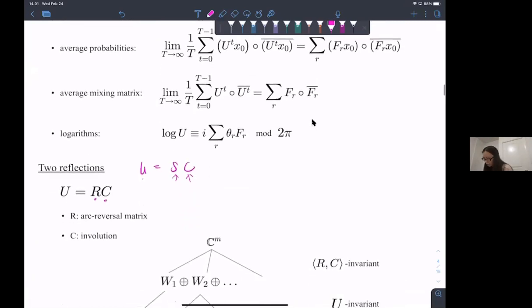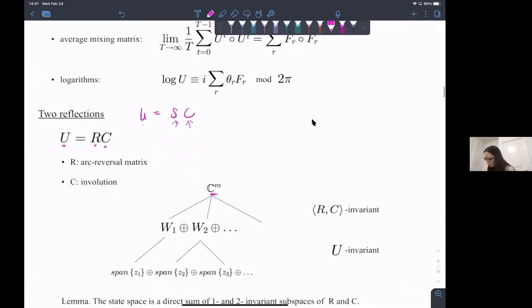Okay, now to diagonalize the matrix U is the same as to decompose the state space into one-dimensional U-invariant subspaces. So we can do that in 2 steps. First, I'm going to decompose this into RC-invariant subspaces. Let's call them W1, W2, and so on.